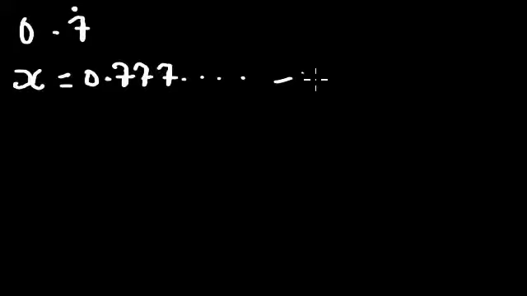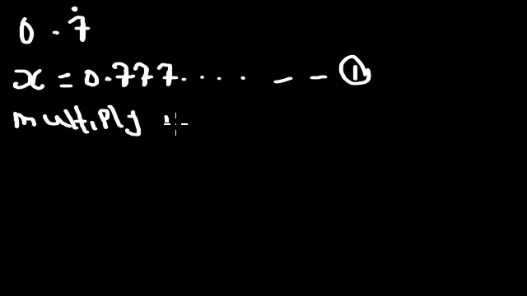So if this is my equation 1, then multiplying equation 1 by 10, you can actually write it in order to show what you are doing, in order to show that you understand and you know what you're doing. So multiply both sides by 10.